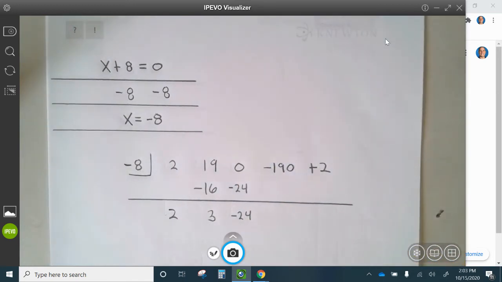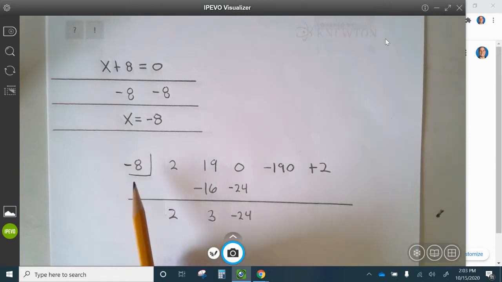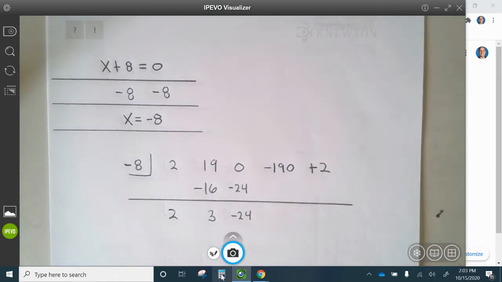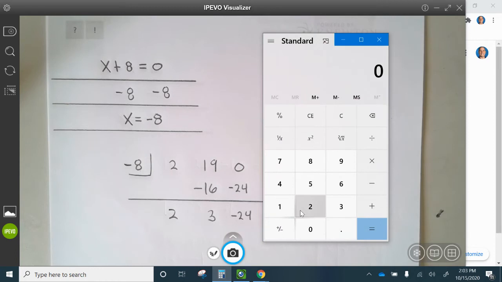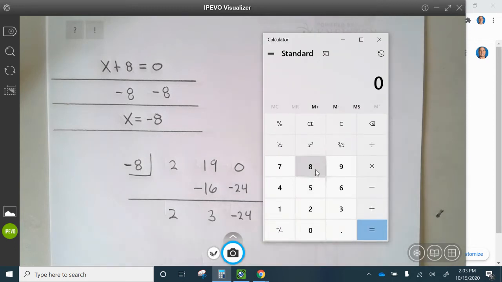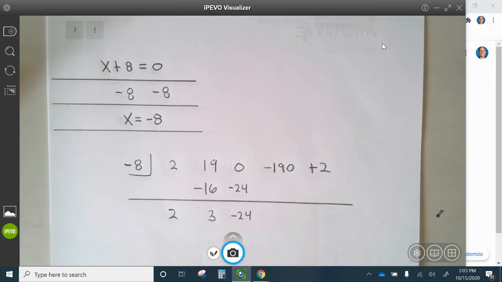Let me check the calculator. Negative 8 times negative 24, which we know is going to be positive, so we can just do 8 times 24. Let's try it again. 8 times 24 is 192.